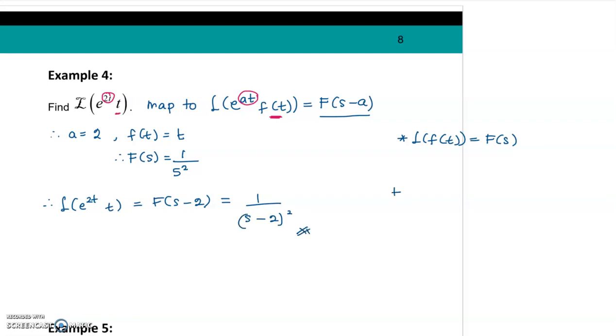Because we know if F(s) is 1 over s squared, then if we have F(s minus apple), for example, it is going to be 1 over (s minus apple) squared. Similarly, if we want F(s minus 2), then based on our F(s), we have 1 over (s minus 2), and the power follows accordingly. So that's the first example.